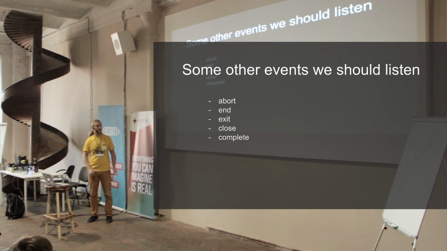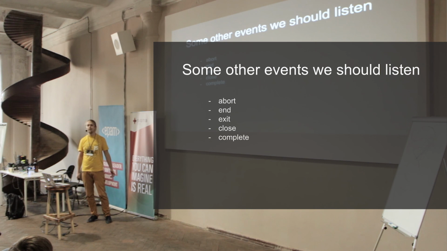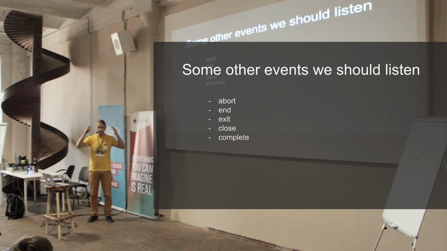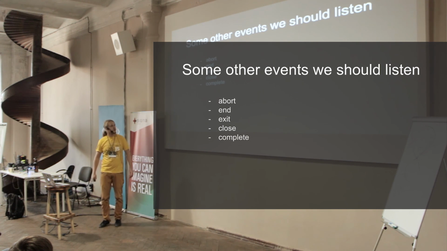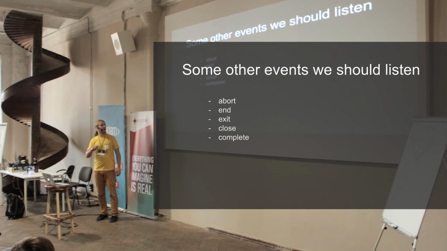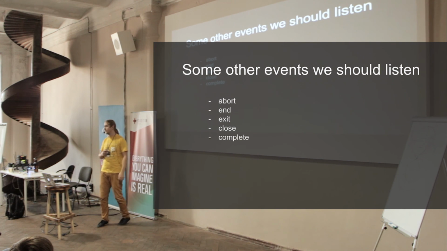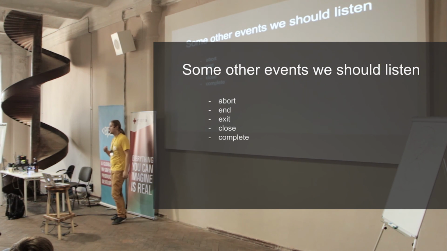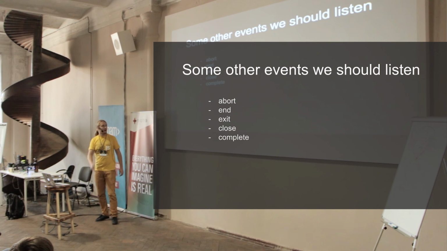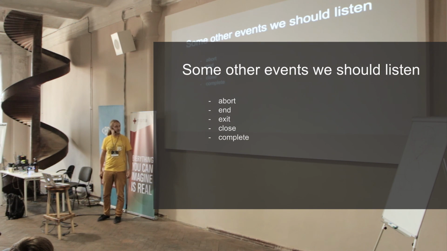So that's why we need to deal with all kinds of events, all kinds of situations in our streams. At least we should listen to these 5 events: they can be completed with error, closed, exited, ended, and aborted. Some of them are from streams 1, from the old implementation of Node.js streams. Some of them are from the new implementation of Node.js streams.